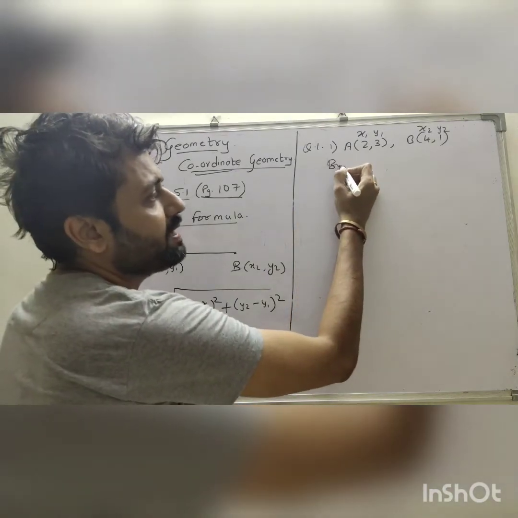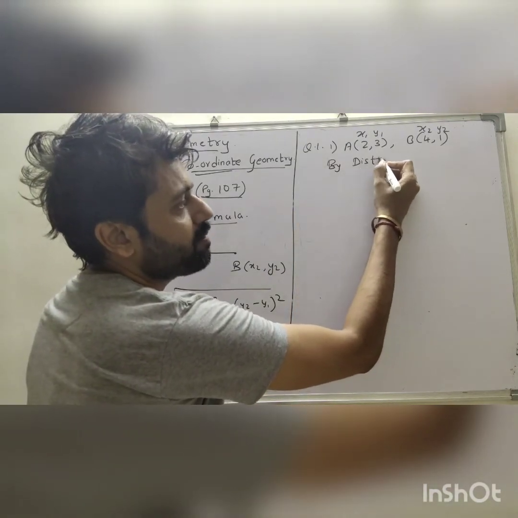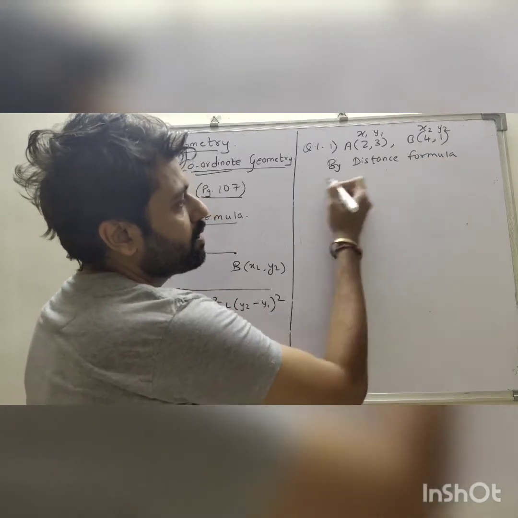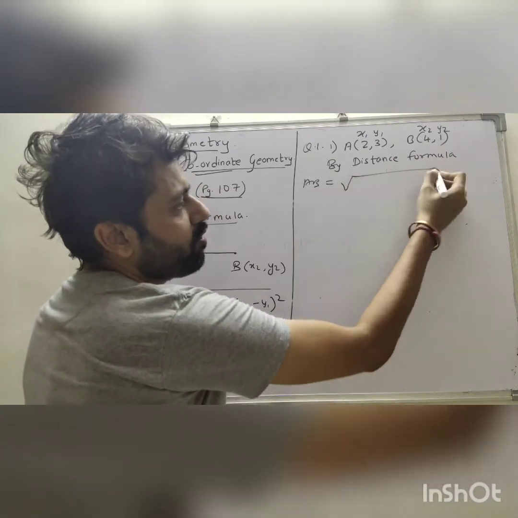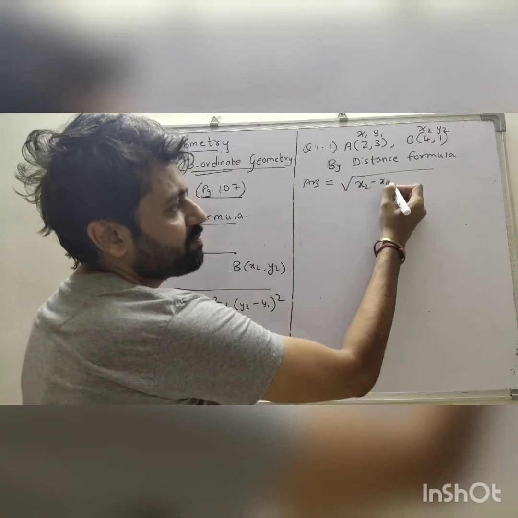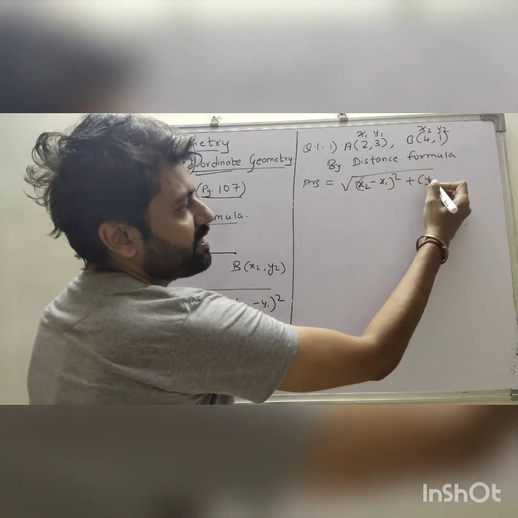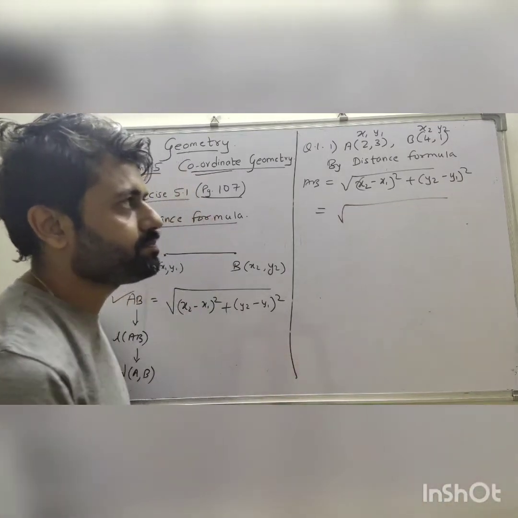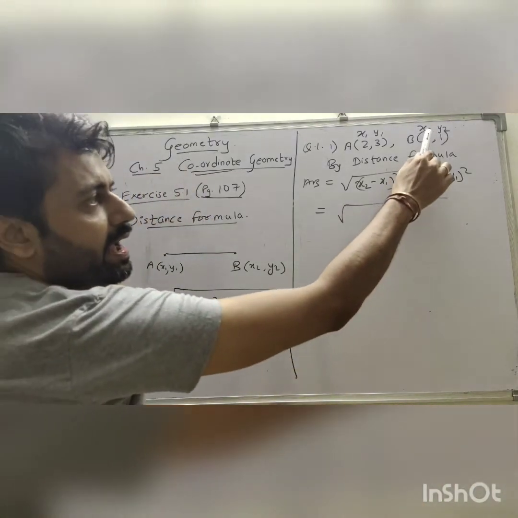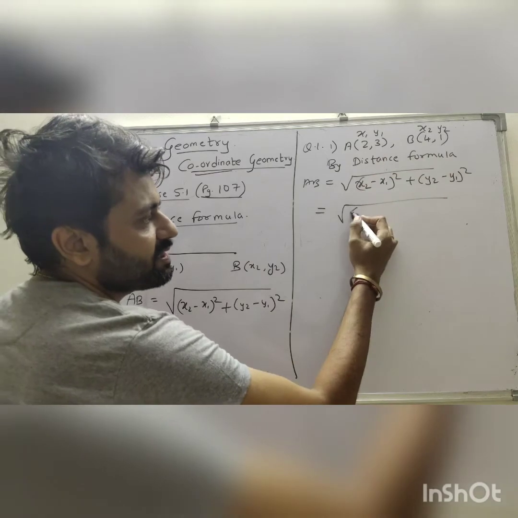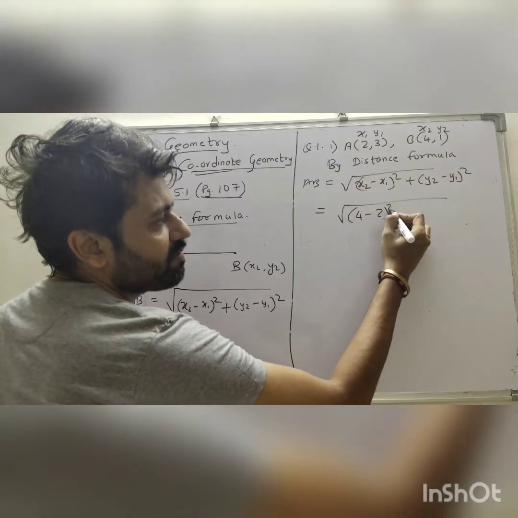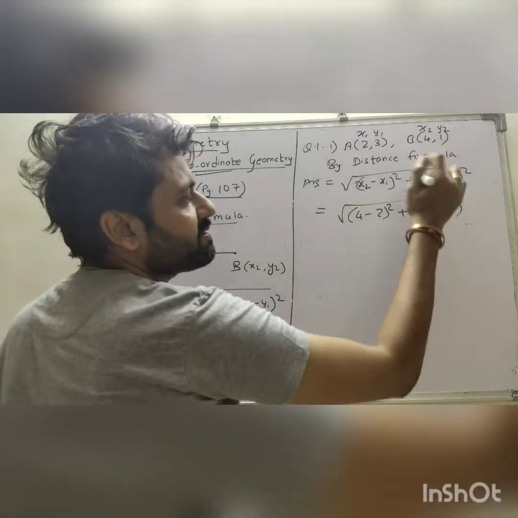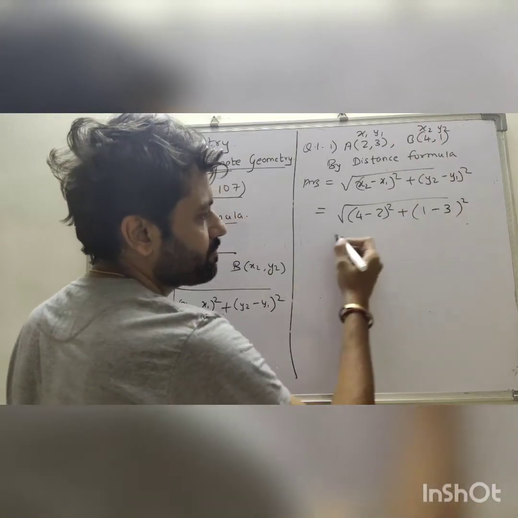Then, by distance formula, AB is equals to the whole root of x2 minus x1 the whole square plus y2 minus y1 the whole square. We use the formula. x2 minus x1 gives 4 minus 2 the whole square plus 1 minus 3 the whole square.